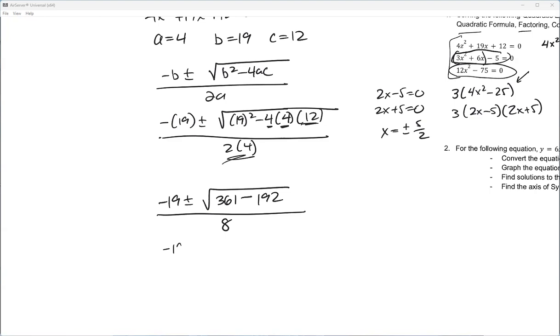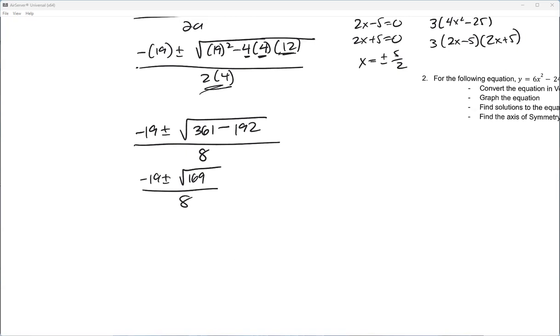So negative 19 plus or minus. 361 minus 192 is equal to 169, all over 8. The square root of 169 is 13. So negative 19 plus or minus 13 over 8.